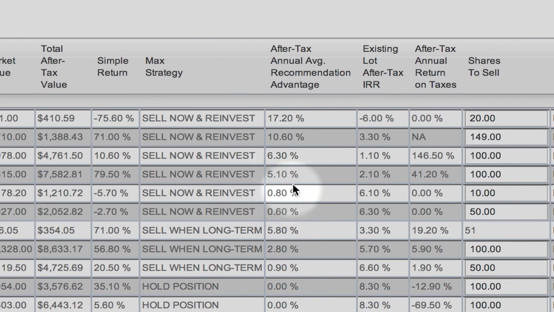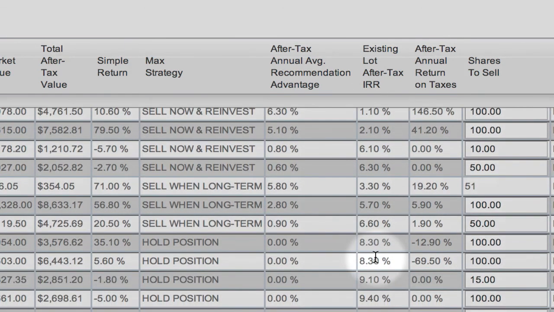Then to the right is the existing tax lot after-tax IRR. This compares the current after-tax value of a tax lot with its future after-tax value. Tax lots are recommended to be sold first that generate the greatest excess return by doing so. Then next in sequence, those that have the least after-tax IRR remaining, resulting in tax lots with the greatest after-tax return still being held.